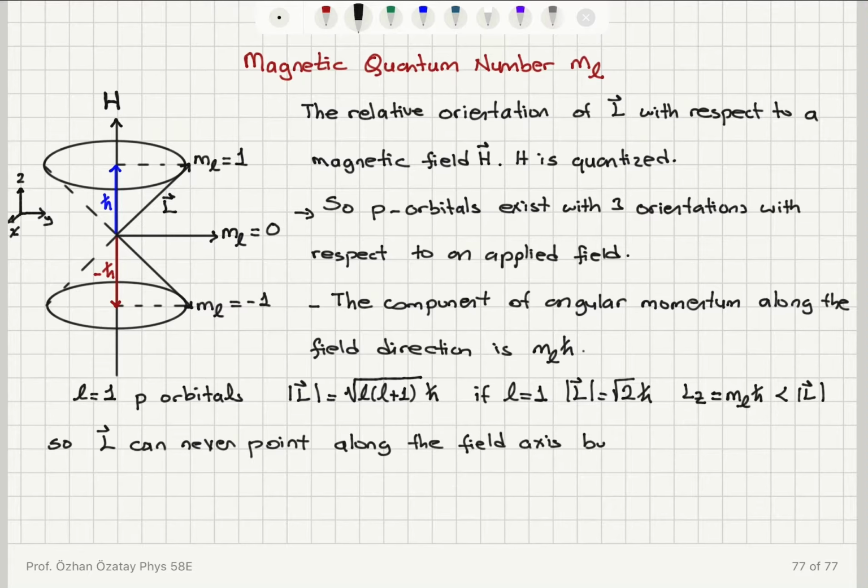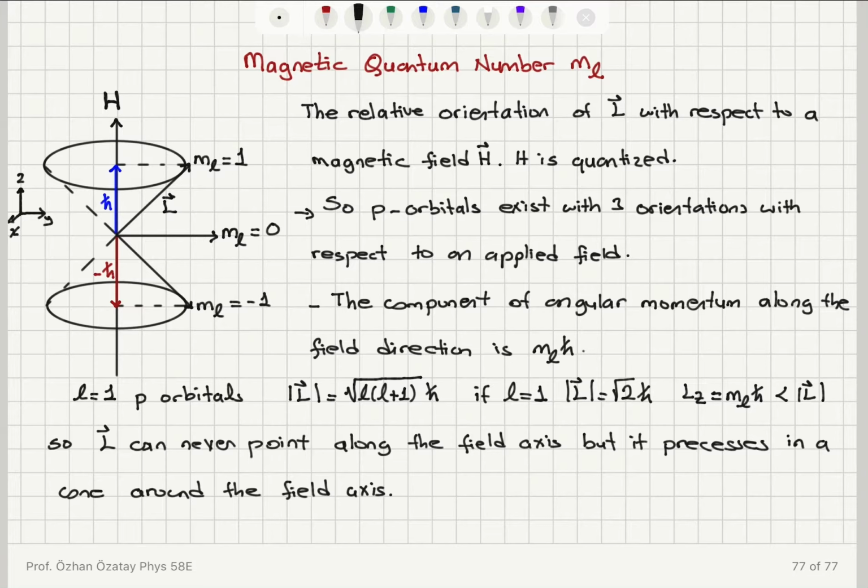But what it does is it precesses in a cone around the field axis. Okay, well, this is a little bit counterintuitive if we look at macroscopic objects.